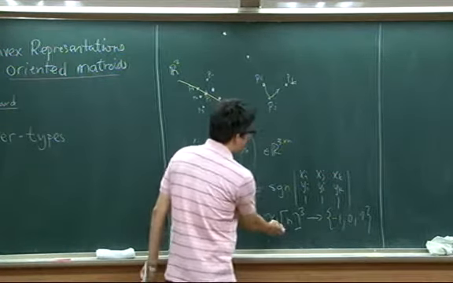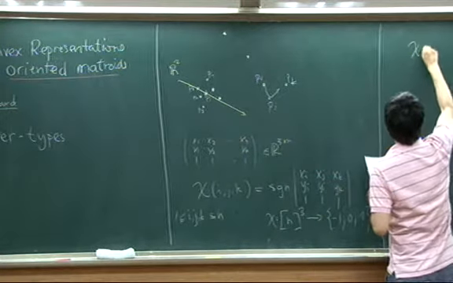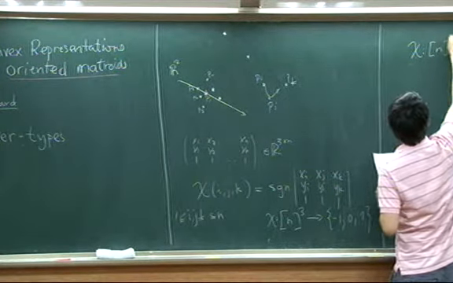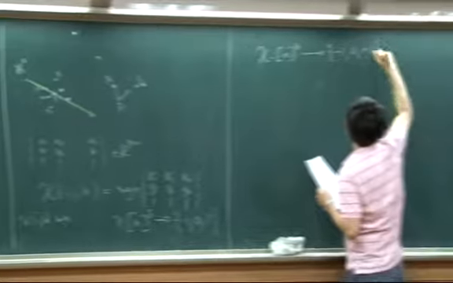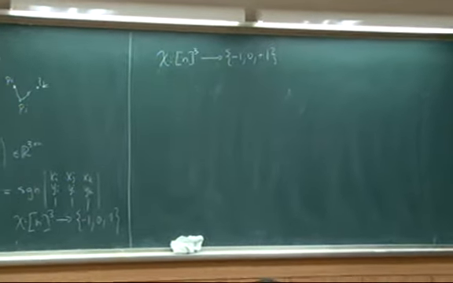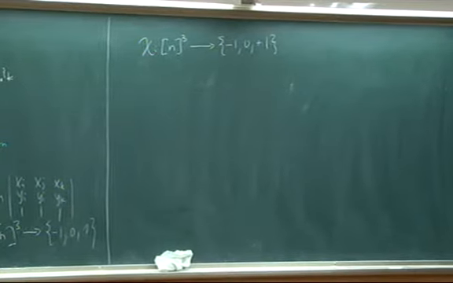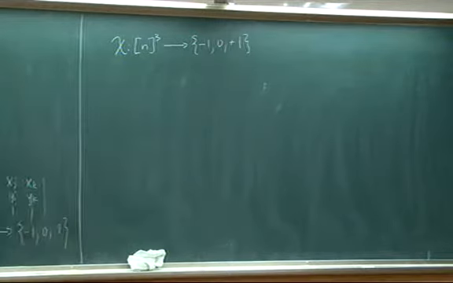So that's one way of getting an oriented matroid. Now let me write in general what this is. In general, we'll look at maps just like the one I said, to -1, 0, +1. So this will be an oriented matroid on n elements, a rank 3 oriented matroid. And basically it should satisfy whatever I see here. Now this chi should be an alternating function since it involves a determinant here, right?